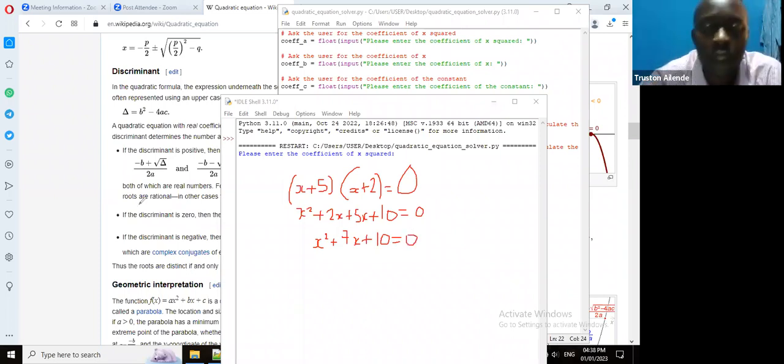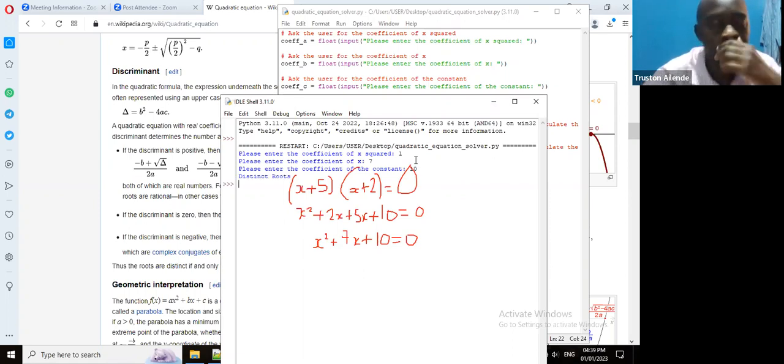So we know this now, that taking the coefficients 1, 7, 10, we'll get the program to print out distinct roots.